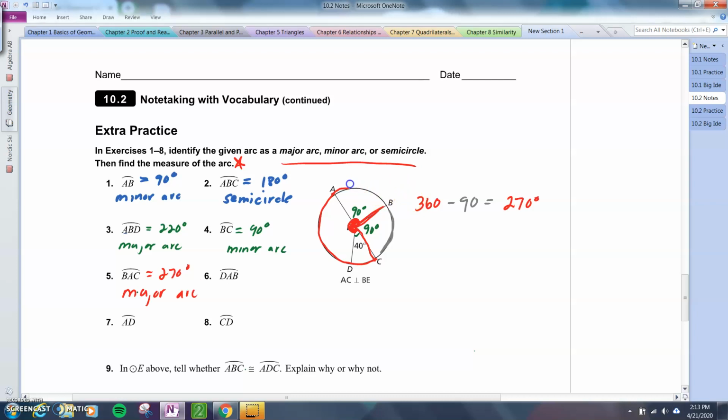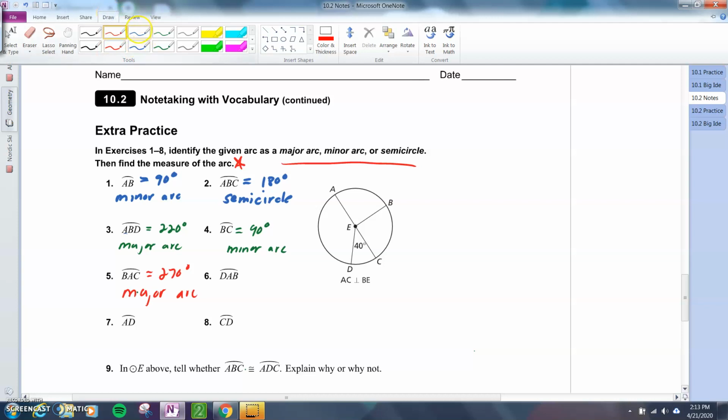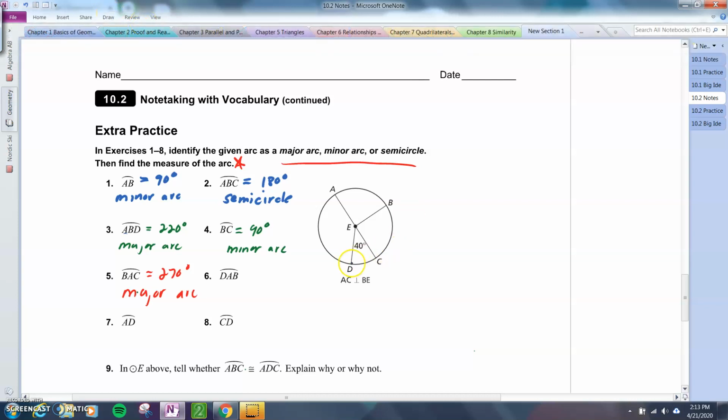Alright, let's clean up the circle for our next one. We're going to do DAB. So now D, I'm going to go up to A and then go to B. Well, now it's this arc, this central angle, excuse me, this whole thing. We know that that's 90 and that's 40.